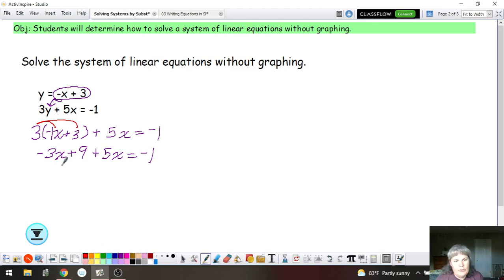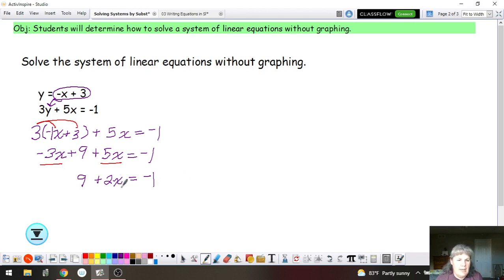This time we have two terms that have x. We have negative 3x and we have plus 5x. We need to combine those terms. So negative 3x plus 5x is a plus 2x. We still have the positive 9 equals negative 1.